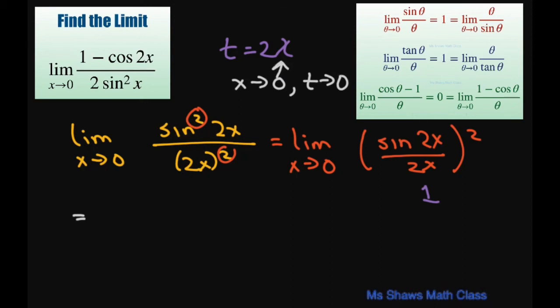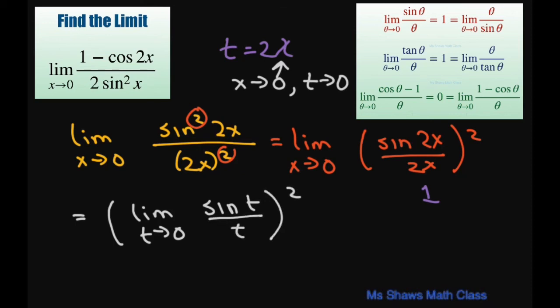So we can write this as the limit as t approaches 0 of sine of t divided by t, and then square it like that. And this is going to equal 1 squared, which equals 1. So your limit is 1.